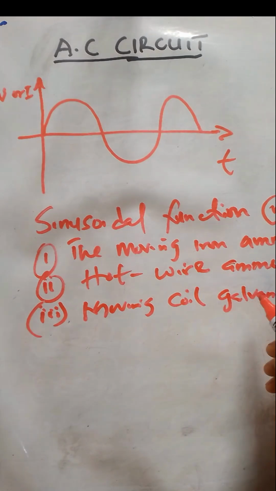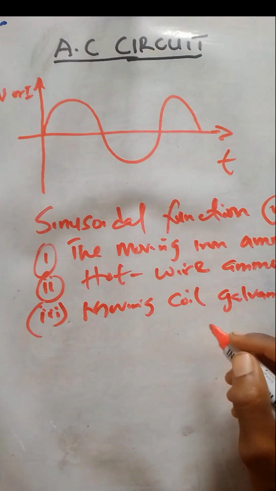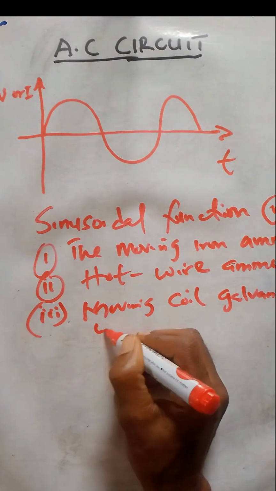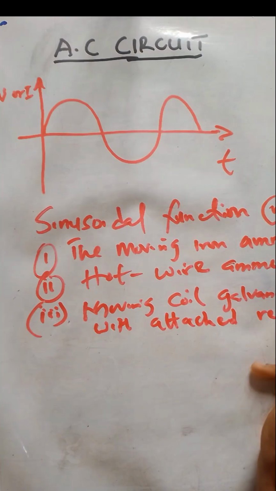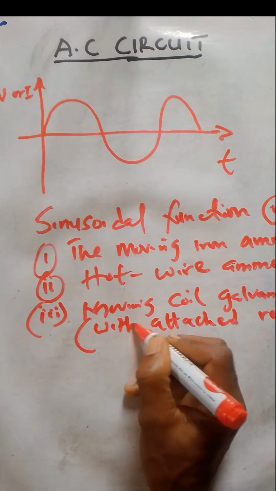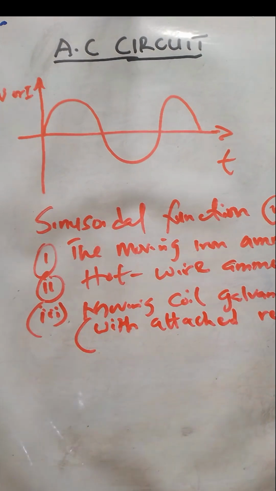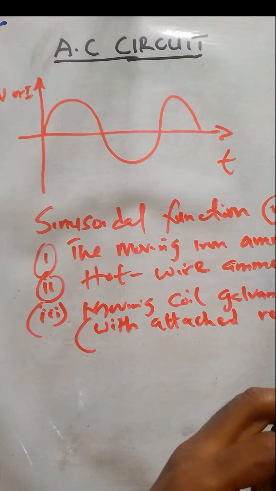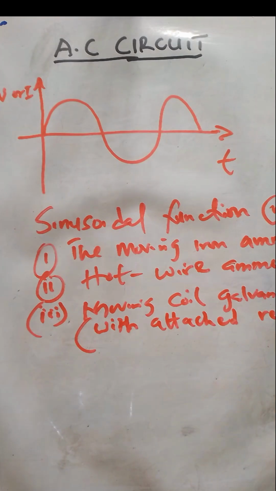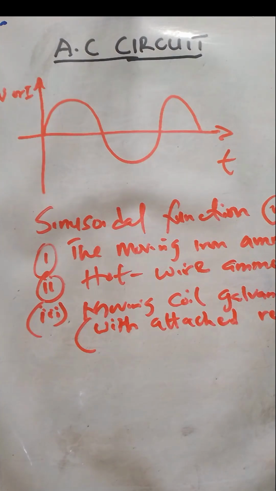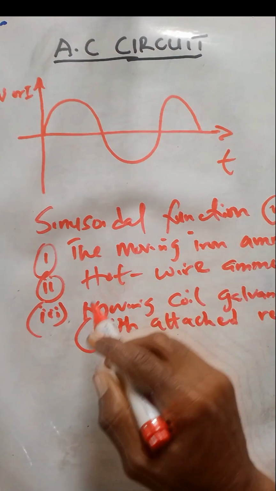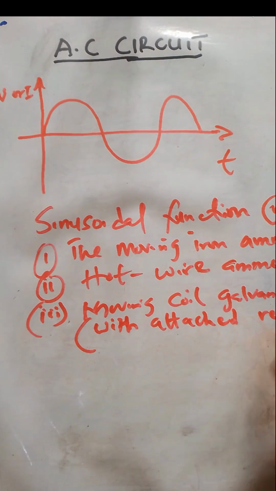With this moving coil galvanometer, a rectifier must be attached to it. So basically these are the three instruments that we use to measure alternating current: the moving iron ammeter, hot wire ammeter, and moving coil galvanometer with attached rectifier.